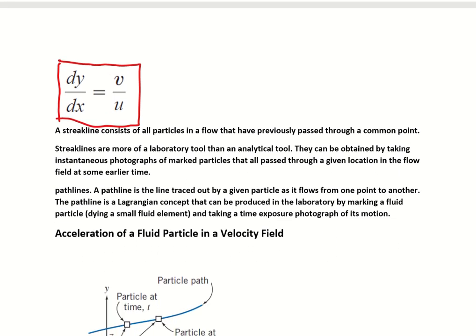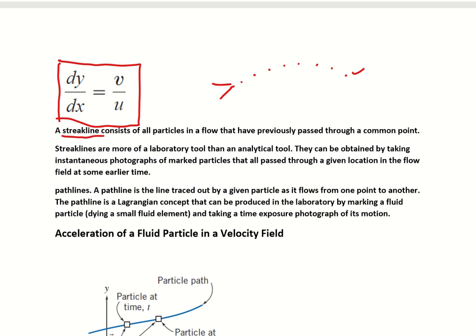Then we have another line known as streak lines. This streak line is defined as when, suppose this is a nozzle, and through this nozzle several particles have emerged and they have taken different positions. So this particle emerged some time ago from here, and right now this is the position.